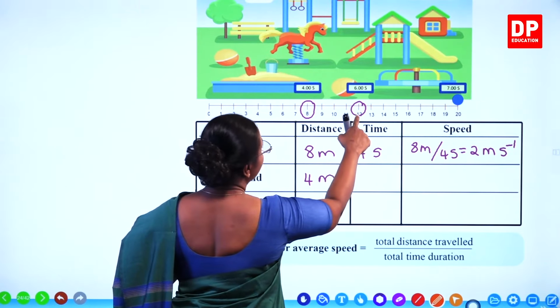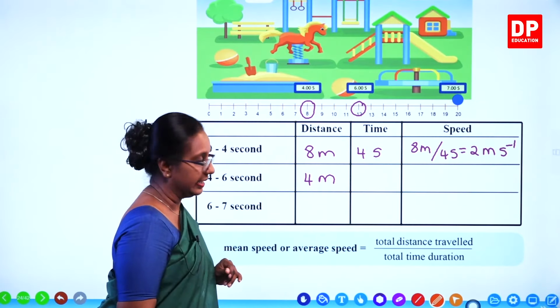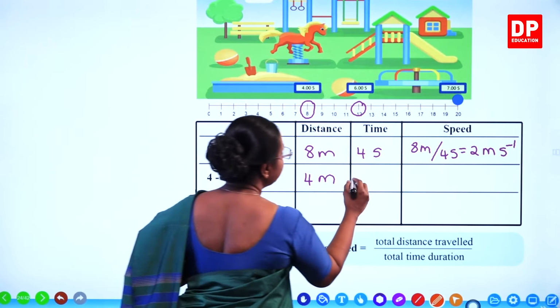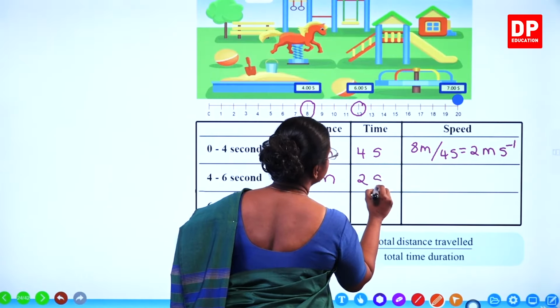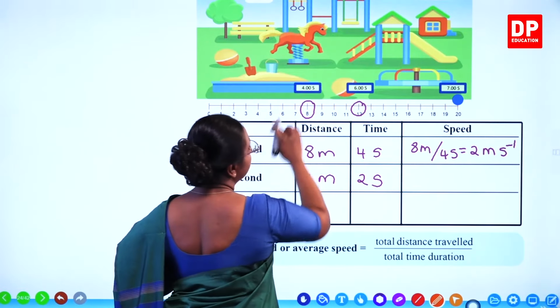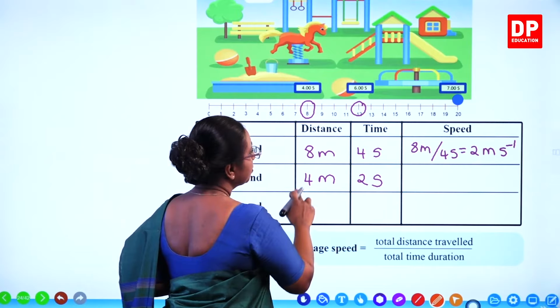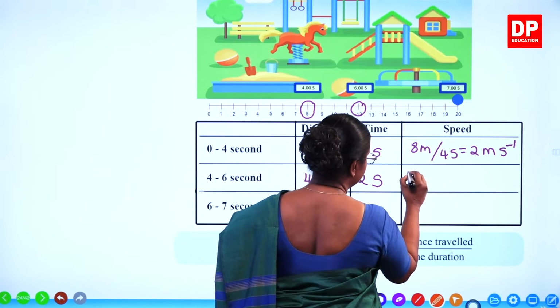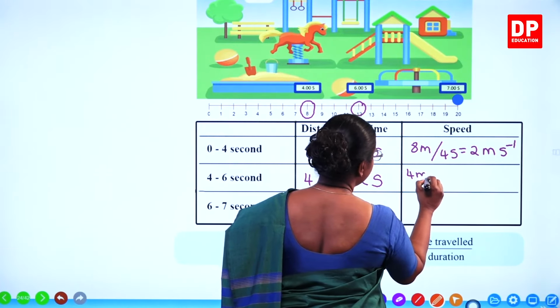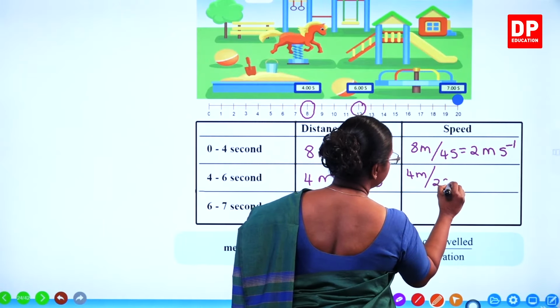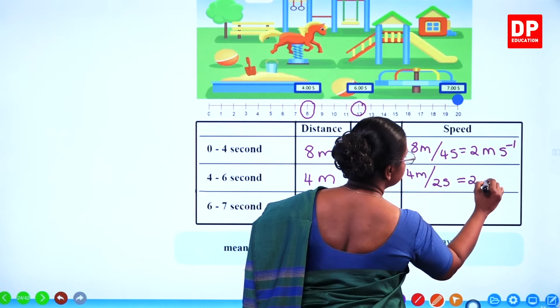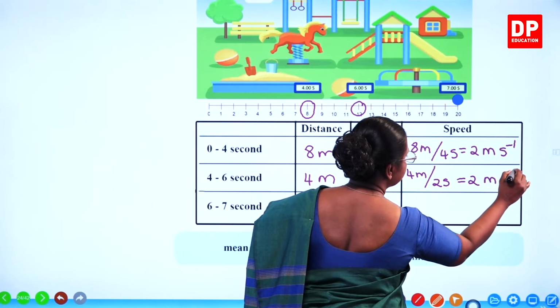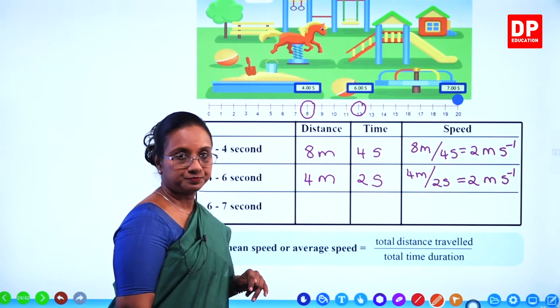Why? 12 minus 8. And the time taken is 2 seconds. Why? 6 minus 4. So, if we calculate the speed, it will be 4 meters divided by 2 seconds. That is going to be 2 meters per second.